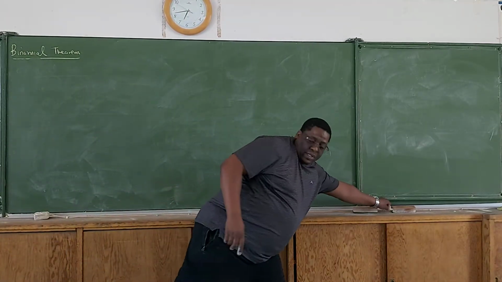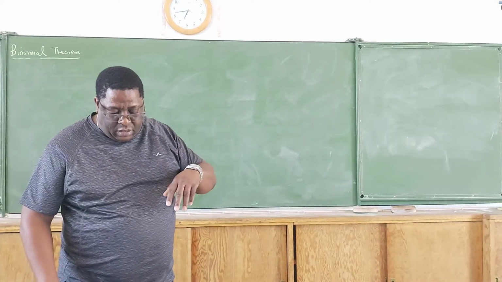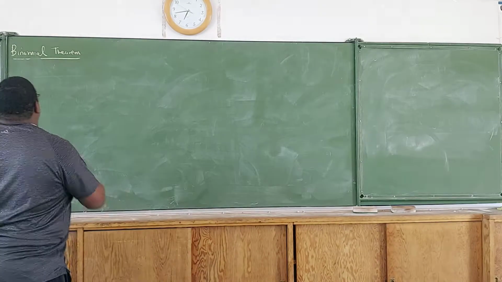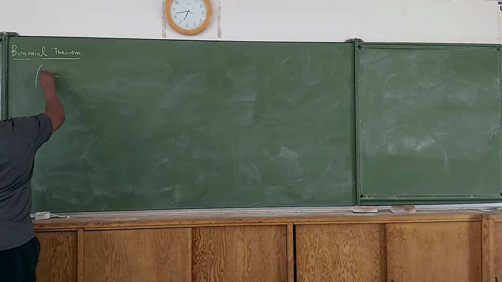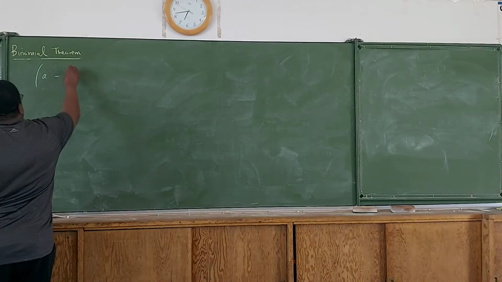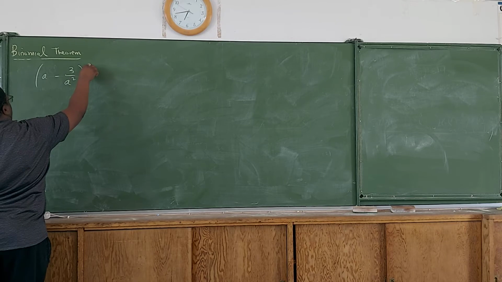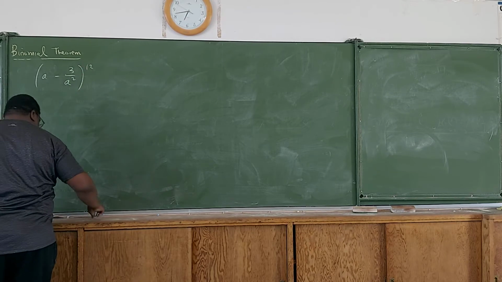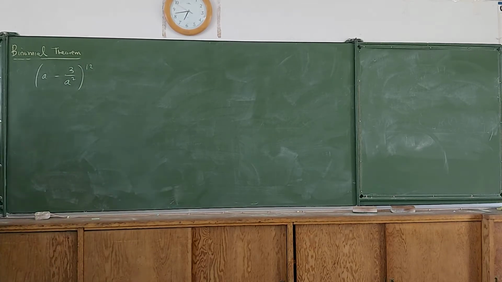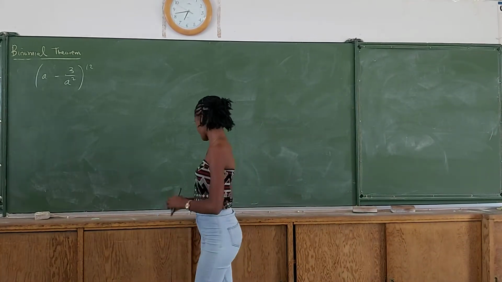And then the question asks you to find the fourth term in the expansion, A minus 3 over something, raised to the power 12. In ascending or descending? Descending. What does that mean? It's going down.